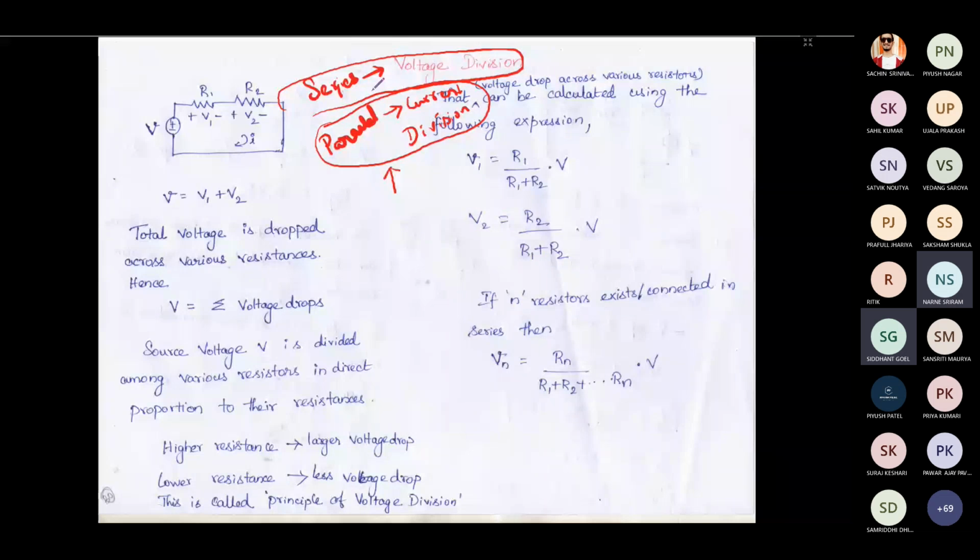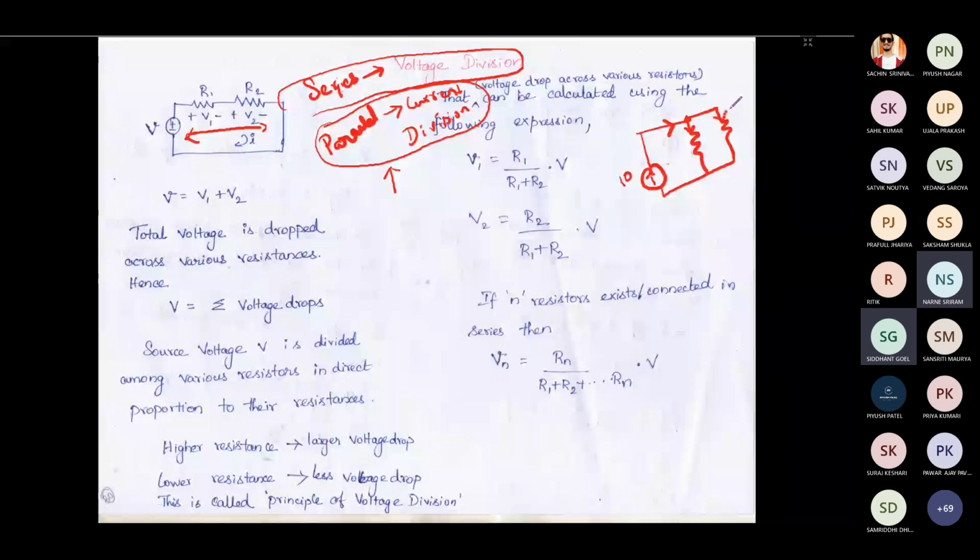Why I am saying series with voltage division is, as told before, for series elements the voltage will be dropped; the sum of the voltage drops will be equal to the sum of voltage rises. Similarly, for a parallel circuit, if you have a current source, let's say this is 10 ampere, the current will be entering here. If you apply KCL, some current will go through this path and some current will go through this path.